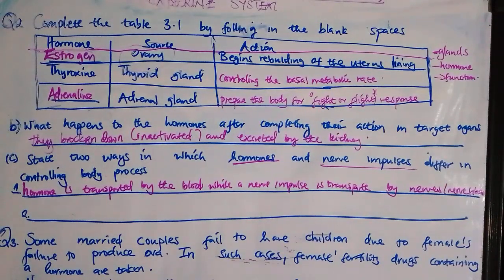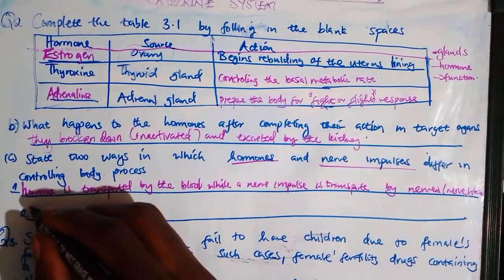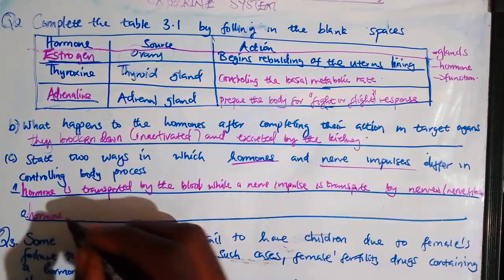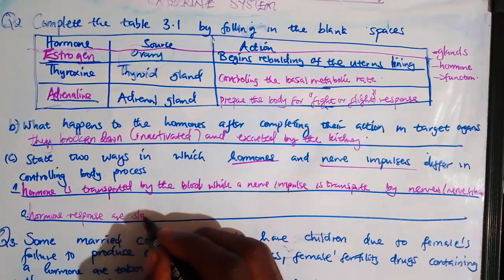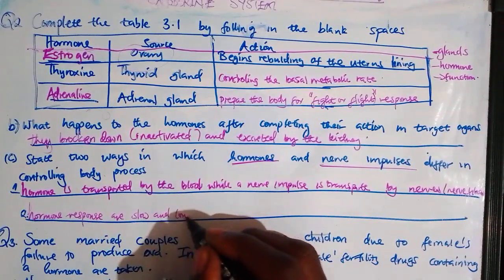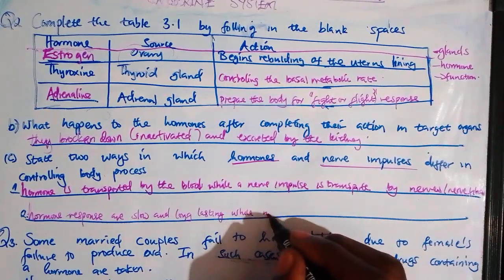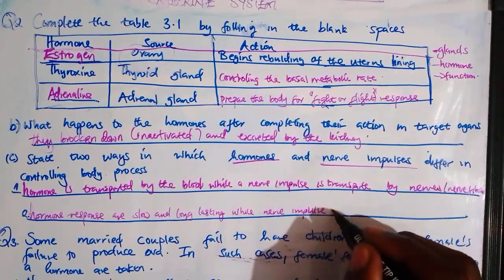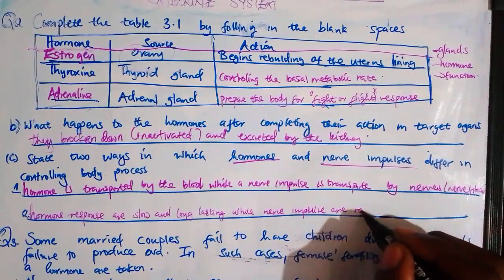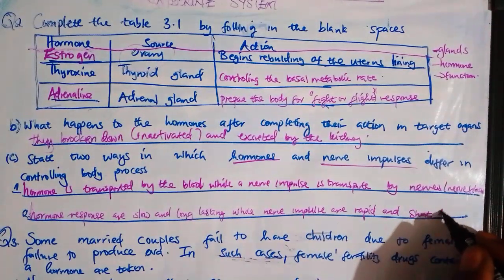So hormone responses are slow and long lasting, while nerve impulses are rapid and short-lived.